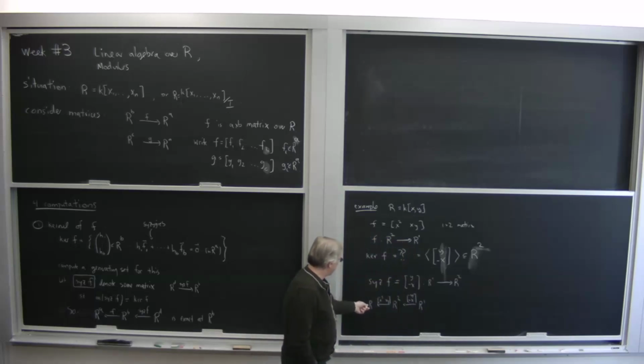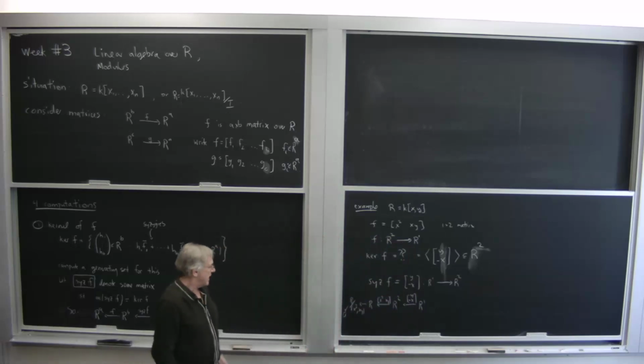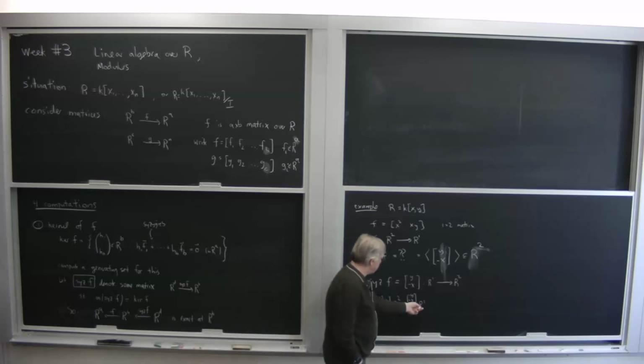Let's fill this out. Okay, what goes on the other side of this exact sequence? The image here has to be the kernel of this. So this is going to be R mod the ideal X squared XY. That would be one way to do that. In fact, that's the main way. And now, what's the kernel of this map?